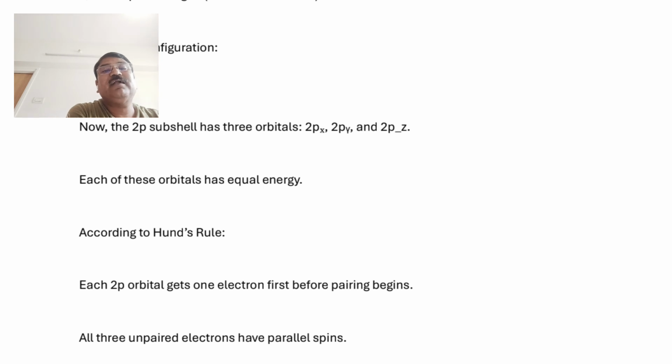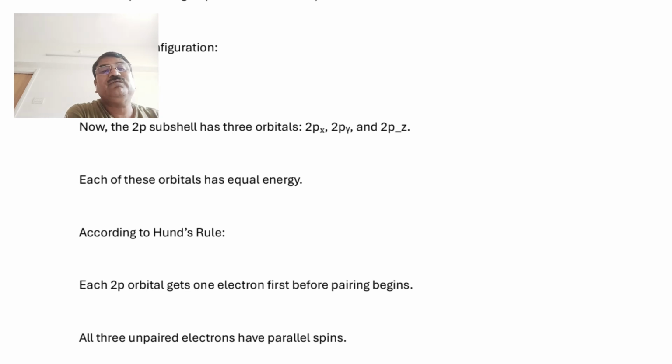Pairing will start only when all 3 orbitals have at least 1 electron, that is px 1 electron, py 1 electron, pz 1 electron. If there is another electron, it is added in px and pairing is done.